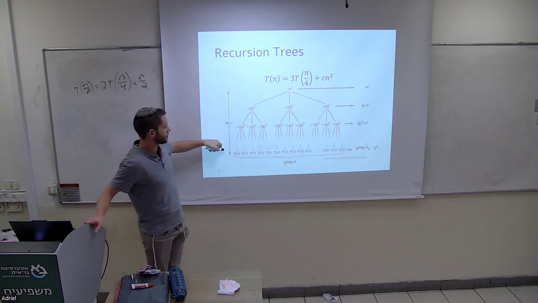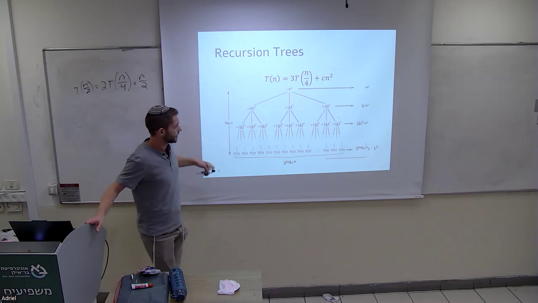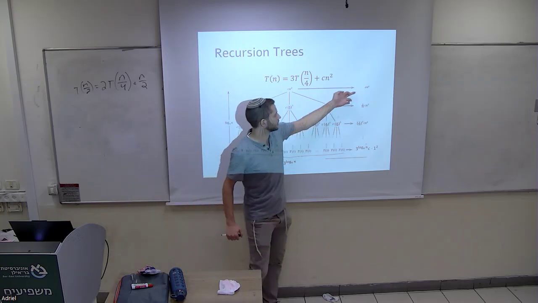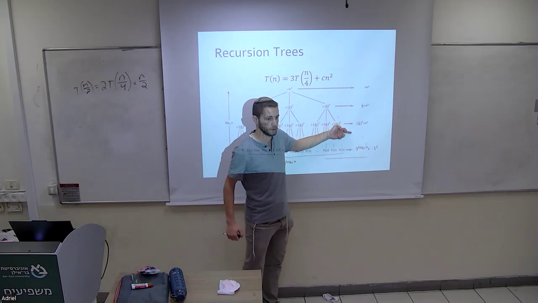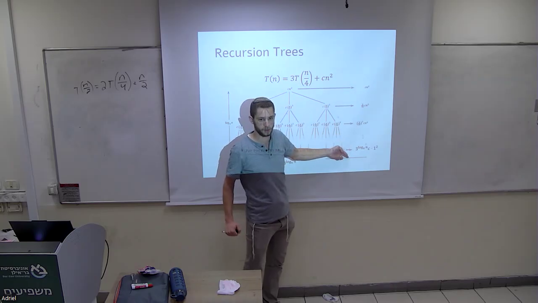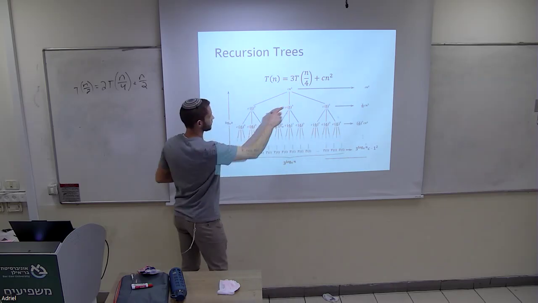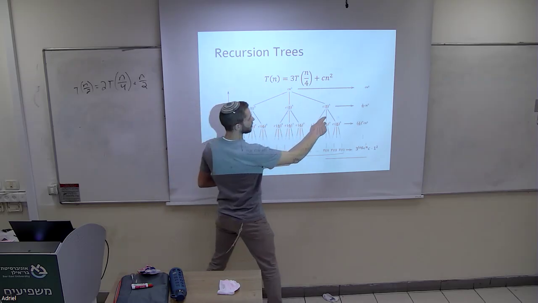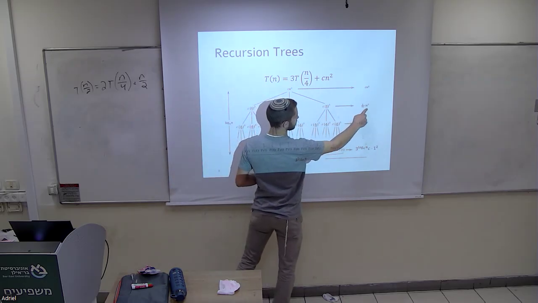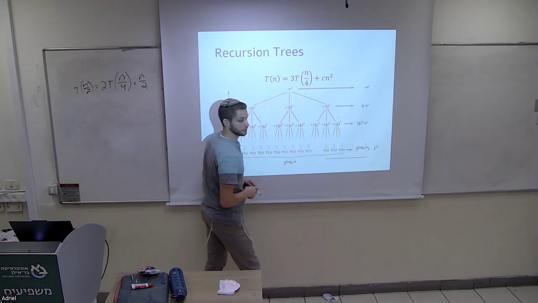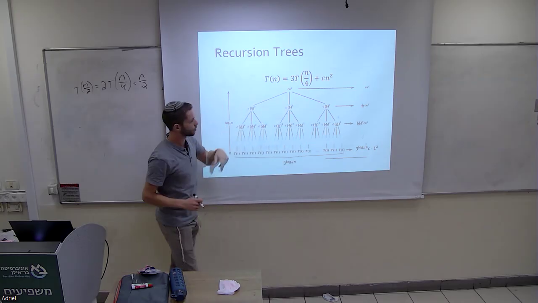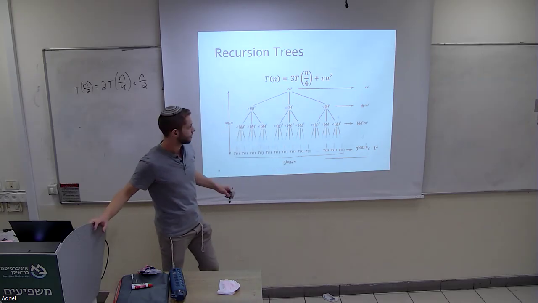So our height is log base 4 of n, and at each level, you can see that we kind of are getting smaller and smaller, and there's a pattern. At the first one, we just have c n squared. Here we have 3 times c n squared divided by 16. And then we have that pattern at each level.